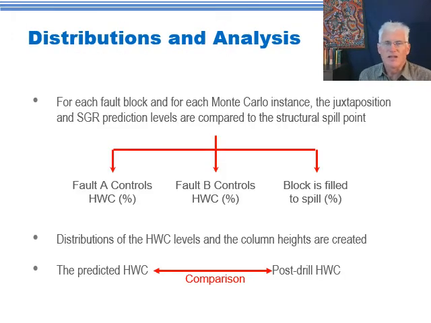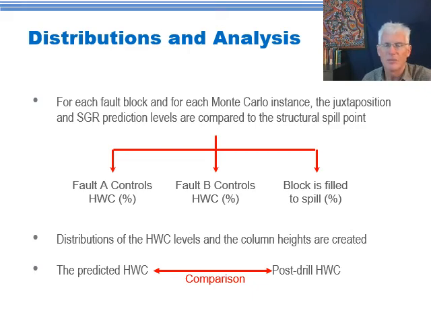So then, since we've got 10,000 instances, we can do great geostatistics. So we can decide if there's multiple faults, for example, say fault A and fault B. We can get a percentage of when fault A controls the hydrocarbon water contact, a percentage of when fault B controls it, and a percentage of when the block might be filled to a structural spill point, or a non-fault related level. So we can then create distributions of the hydrocarbon water contact levels and also the column height. So that's the overall vertical column height of hydrocarbons.